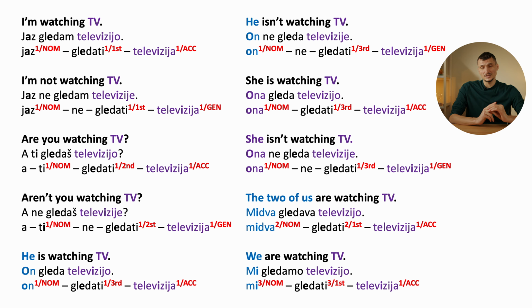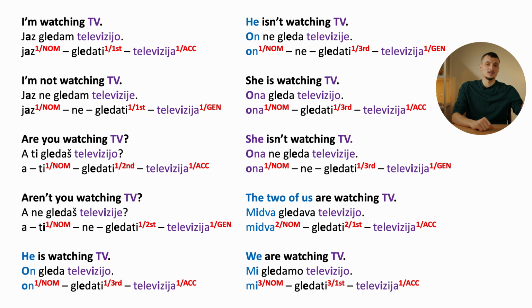So if we just have a look at the very first example, what this is saying is jaz is I, and the 1/nominative says keep it as it is, because the very fact that jaz is in the bottom row means it is now in the base form, which is the nominative, and in this case the singular, and this is saying keep it in that very same form. It's just the singular nominative.